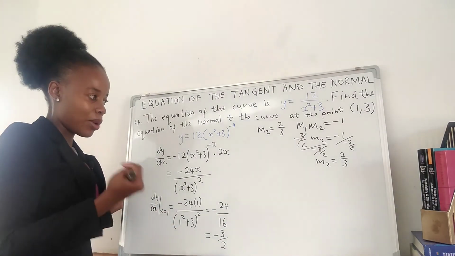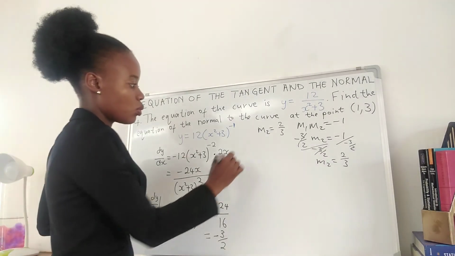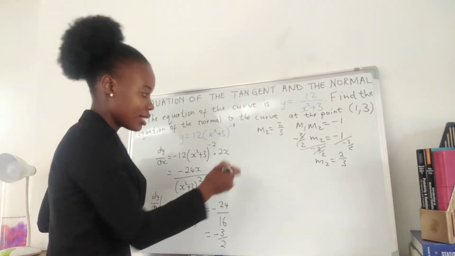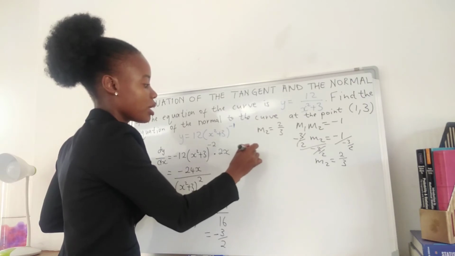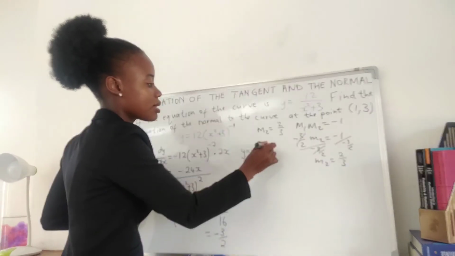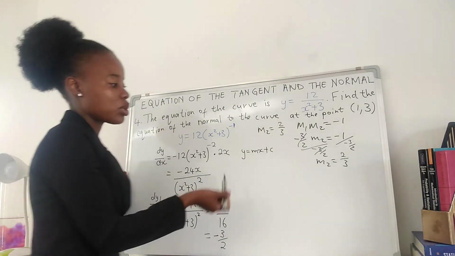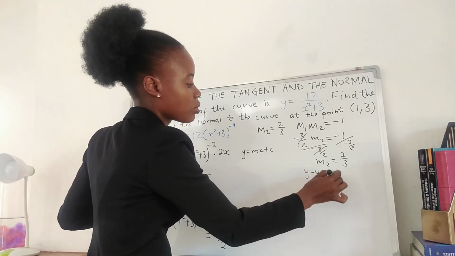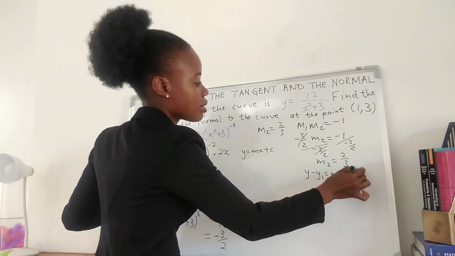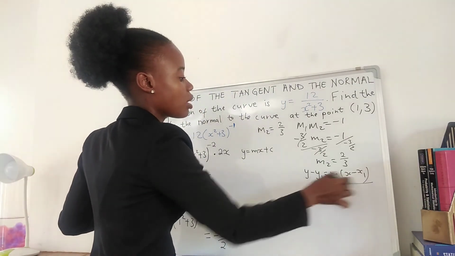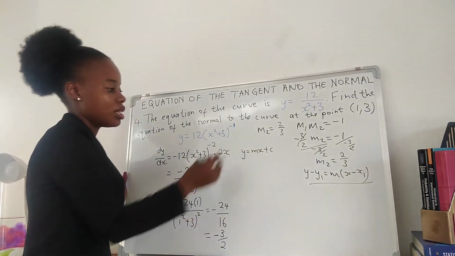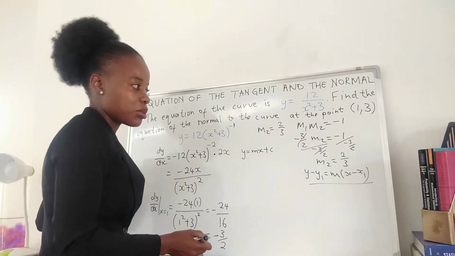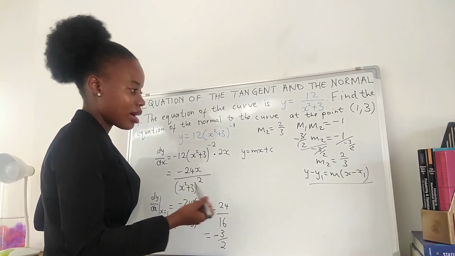After you find our gradient, we know that the equation of the line is y equals mx plus c. You can use y equals mx plus c, or y minus y1 equals m times x minus x1. You can use this one or this one. Okay, let's use this one. We're going to substitute our x, our y, and our gradient.